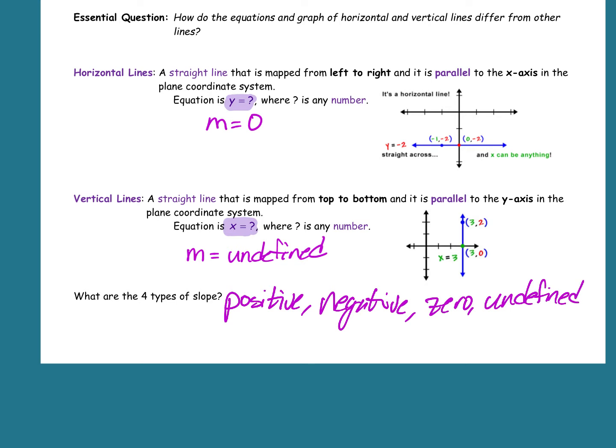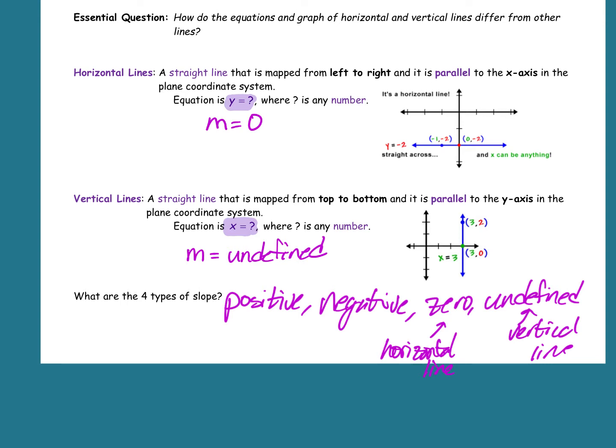We already kind of talked about 0, right? 0 is a horizontal line. And undefined is a vertical line. And all the rest, positive and negative, is somewhere between horizontal and vertical. Okay? Question?